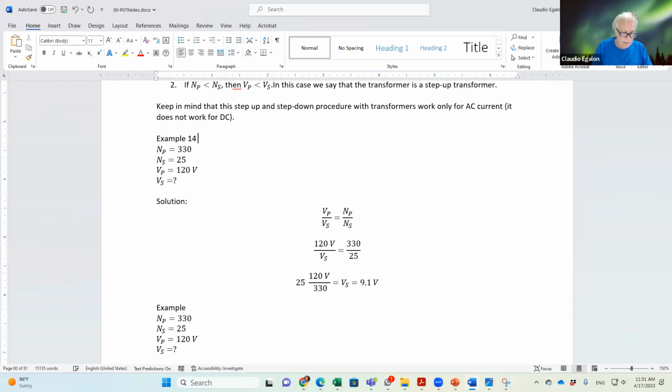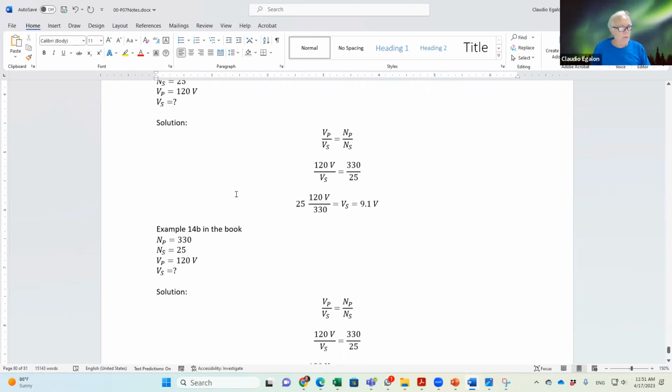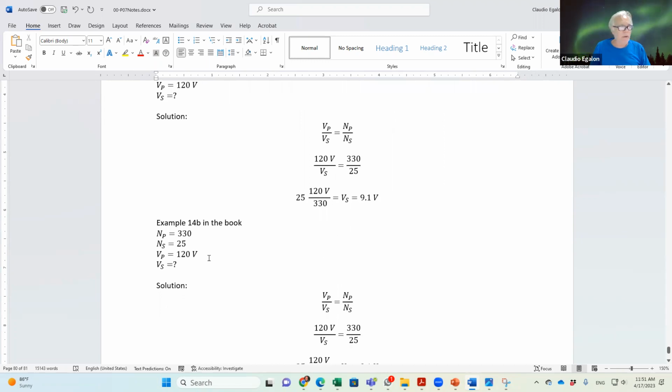Example 14A in the book. Example 14B in the book, right? What else do you need? You need the current for this.